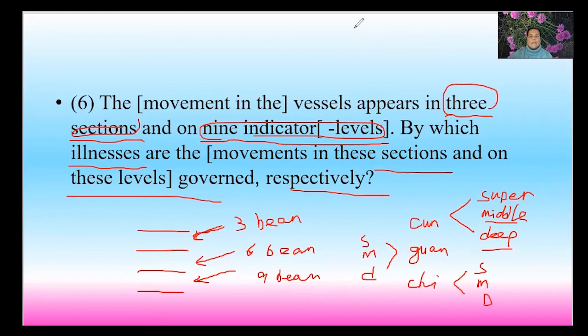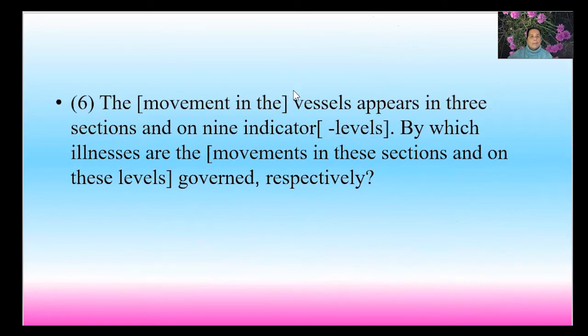It's not that each location has 9 levels. That's not the truth. Each section has 3 levels, and 3 times that. So that's the question: what kind of illness relationship?